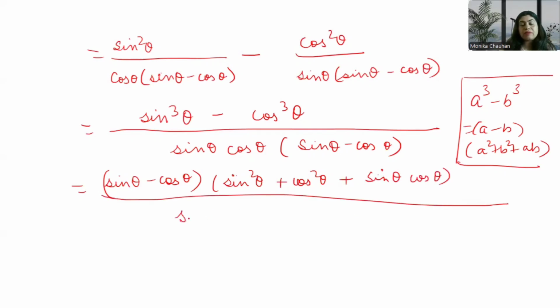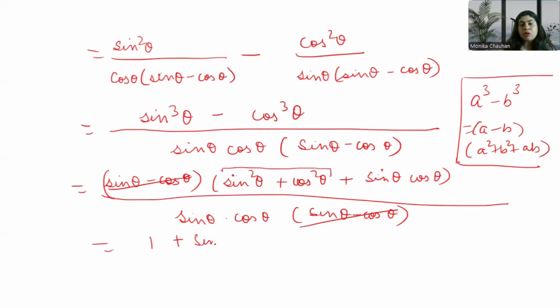And down I have sinθ into cosθ and sinθ − cosθ. If I see now, in the numerator and denominator, this can be cancelled. Now, sin²θ + cos²θ, this you can see as an identity. You can write in place of this as 1. So your numerator is now 1 + sinθ cosθ. And down you have sinθ into cosθ.